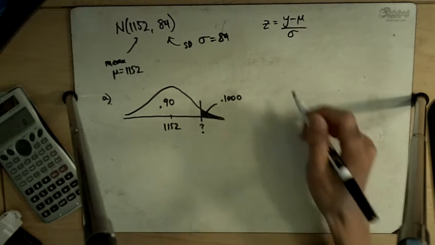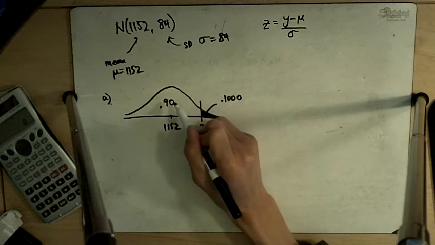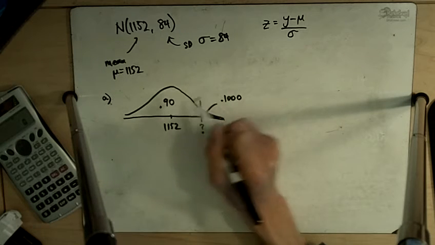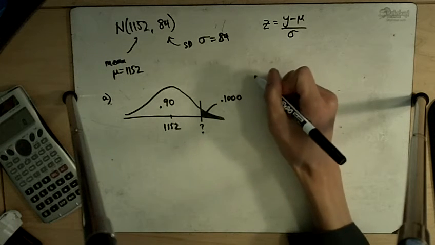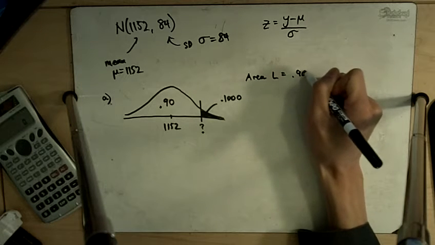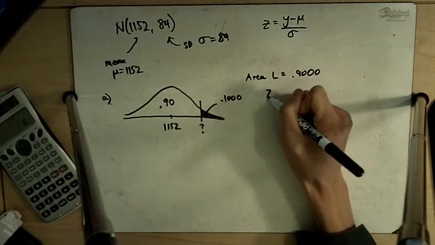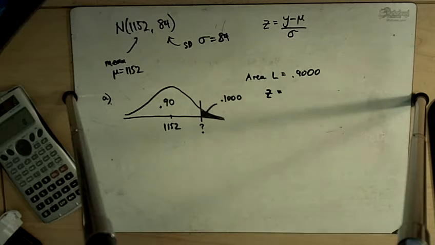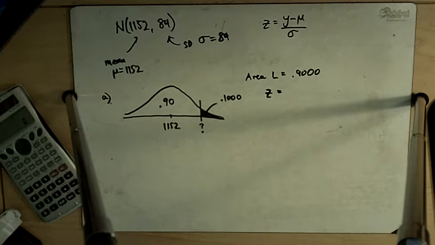Okay, and so we want to look up the area 0.900 and find the corresponding z value. So the area to the left is equal to 0.900. Looking in the area part of the table, the closest value I can find is 0.8997.